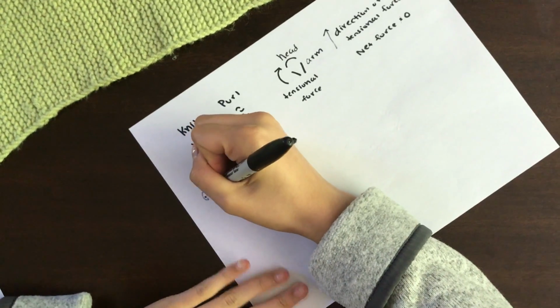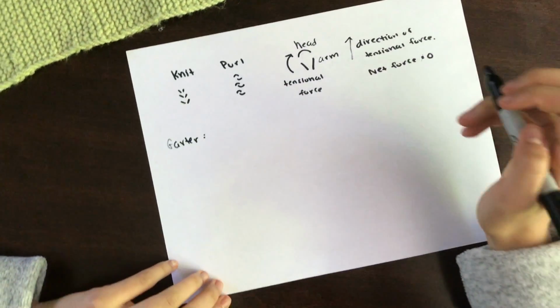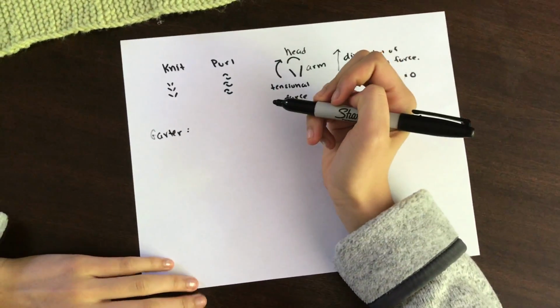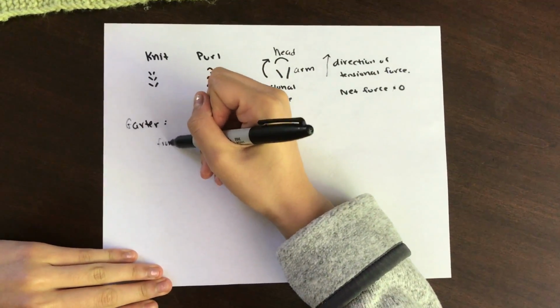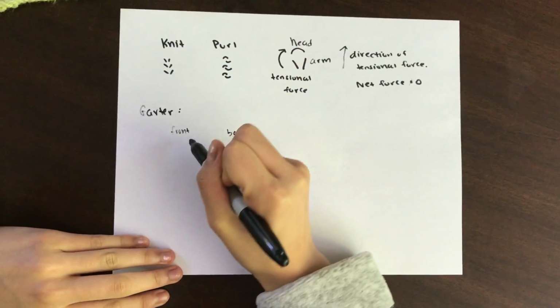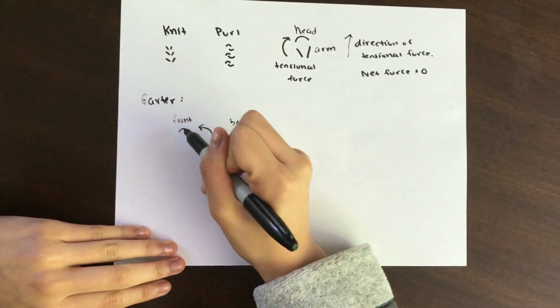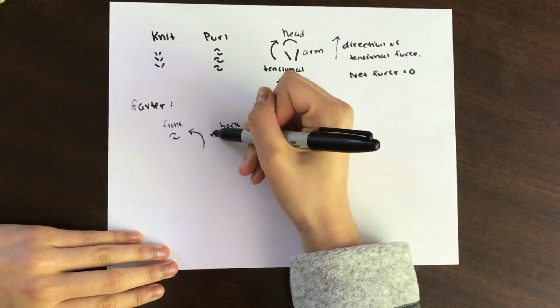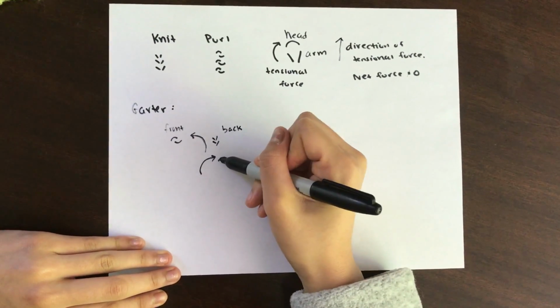So to understand what this looks like, we can draw a diagram. We have to look at the cross section between the back and the front. If this is the front and this is the back, then the tension is going up and over towards the head and the arms are in the back. This alternates in the garter stitch.